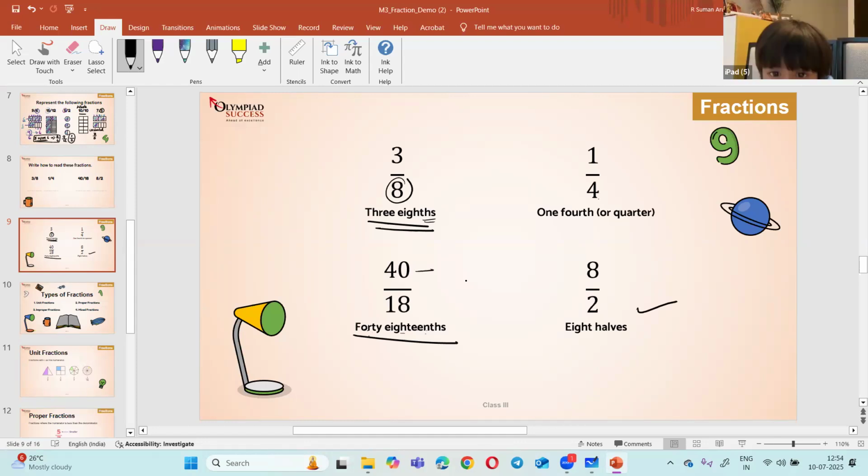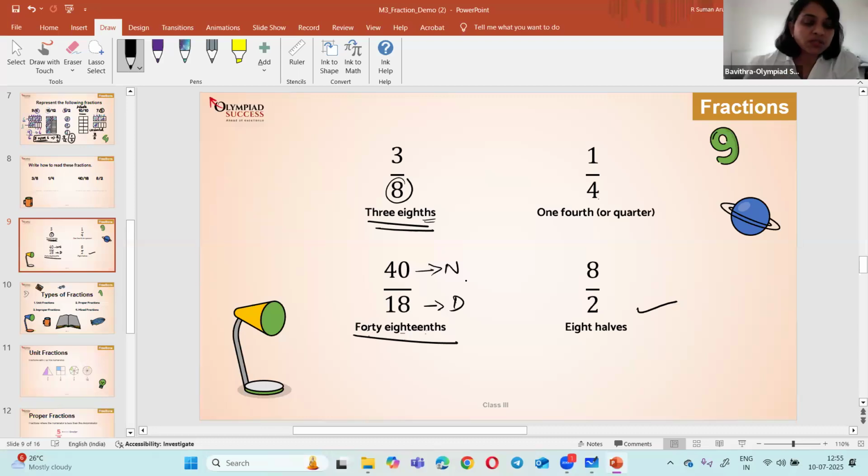Okay, because 40 is in the numerator and 18 is in the denominator. So we say it as 40/18ths. Okay, Jaiveer? I thought it was the 1/4 of quarter. All right, that is correct. This one is 40/18ths. Okay.